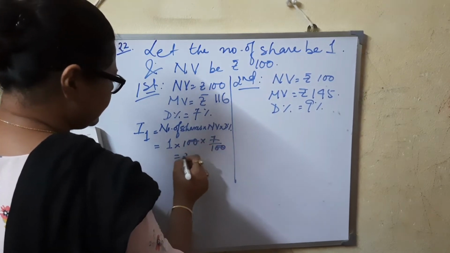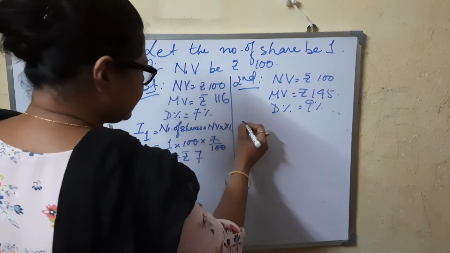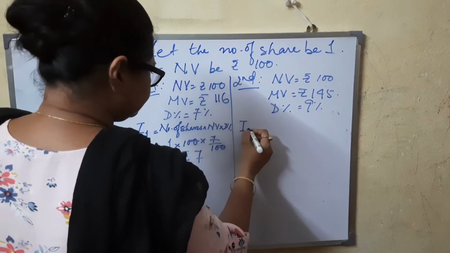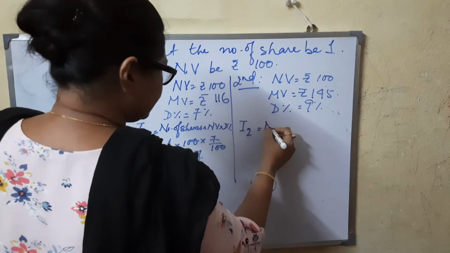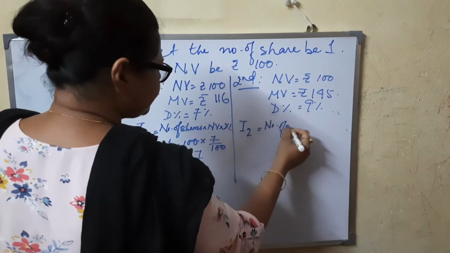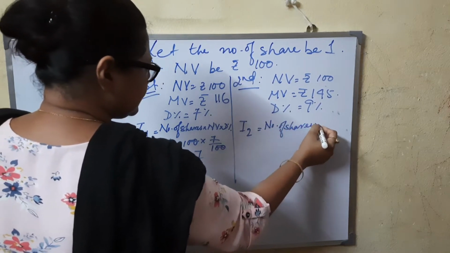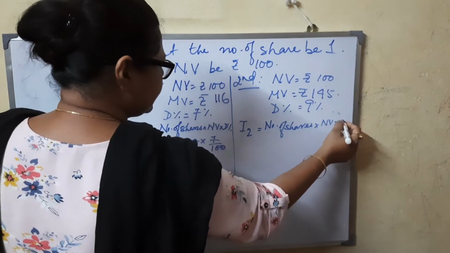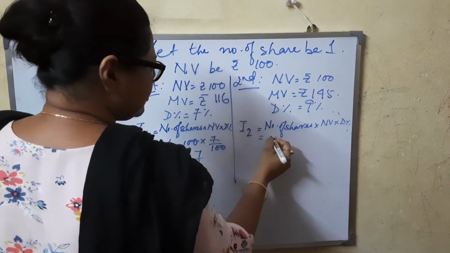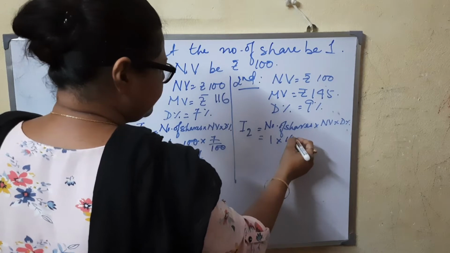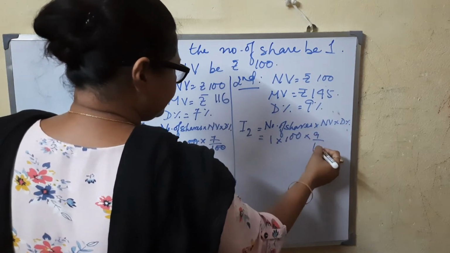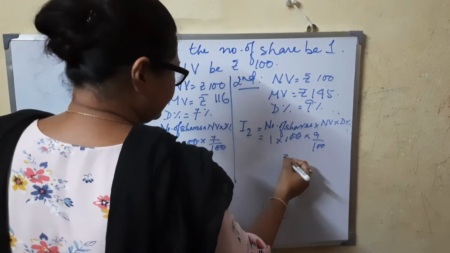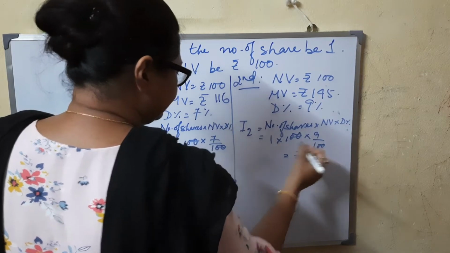So we get rupees 7. In this case, the same number of shares into nominal value into dividend percent: 1 into 100 into 9 by 100. So we get rupees 9.